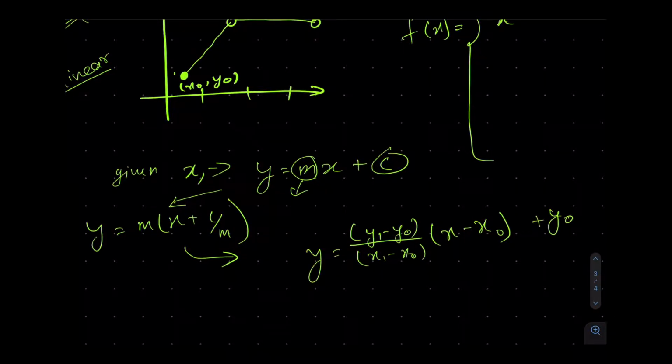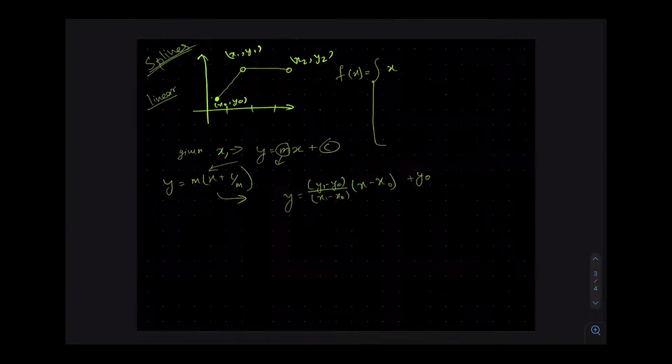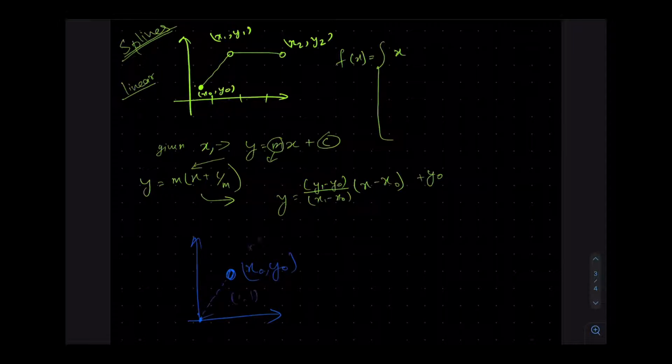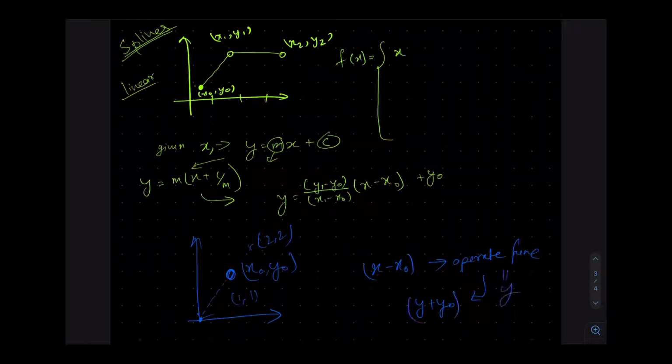and in the equation we get y equals (y1 minus y0) upon (x1 minus x0) times (x minus x0) plus y0. So this would be the equation of line given 2 points.